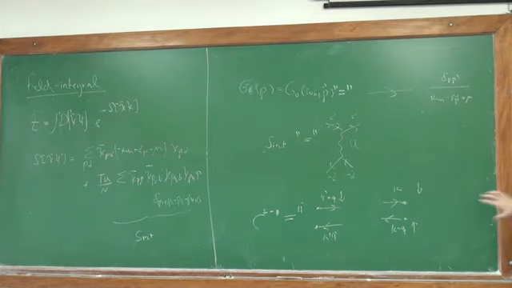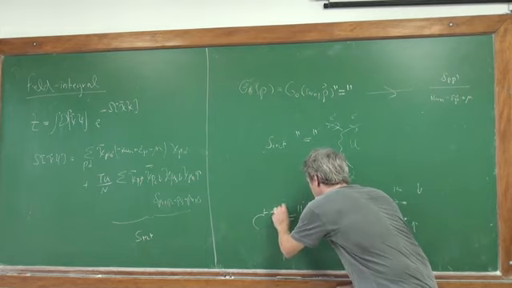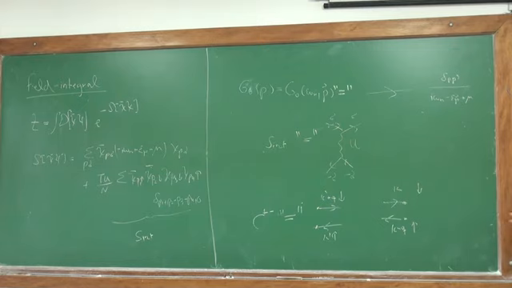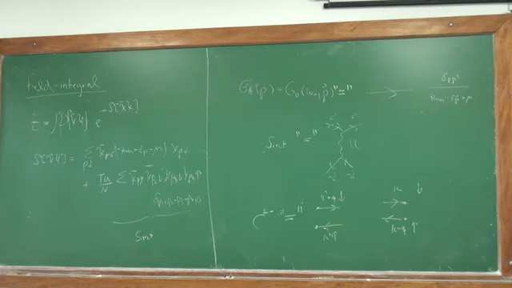Questions, or is this clear, the diagrammatic code, everything? Yeah? Okay. So then what we want to do is we want to calculate this now using perturbation theory, you know? So that's what we do.